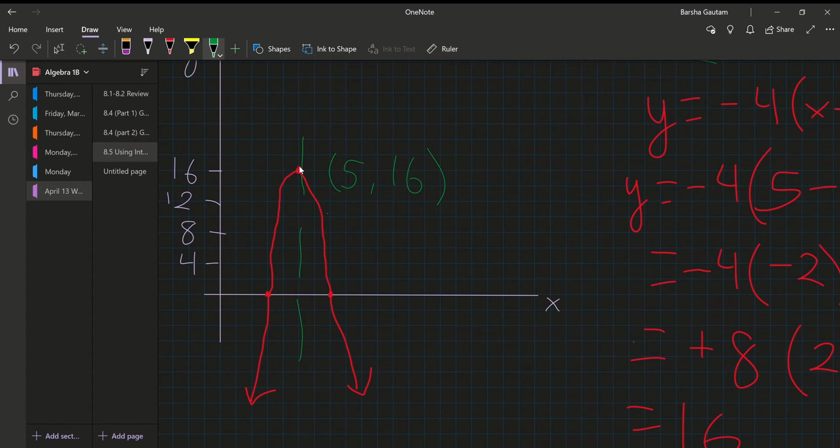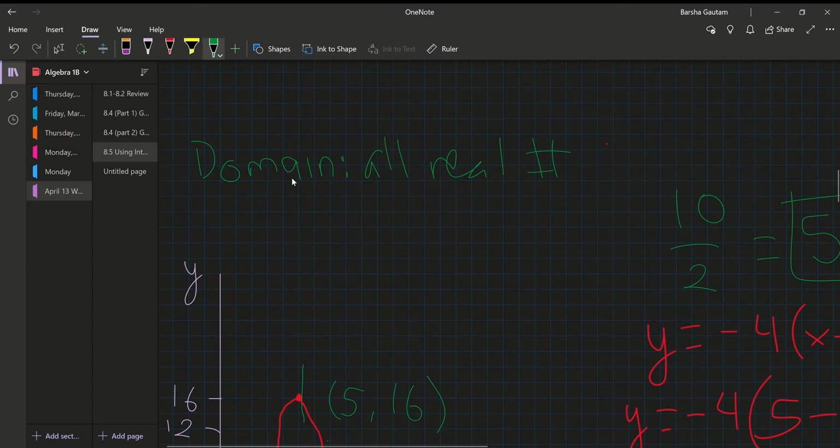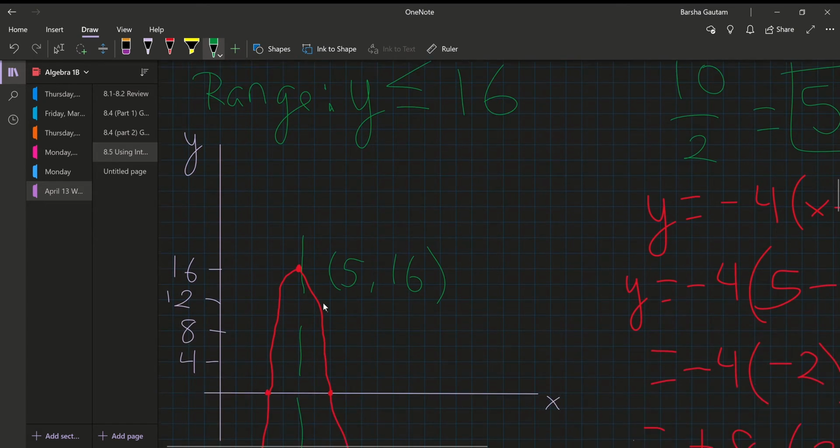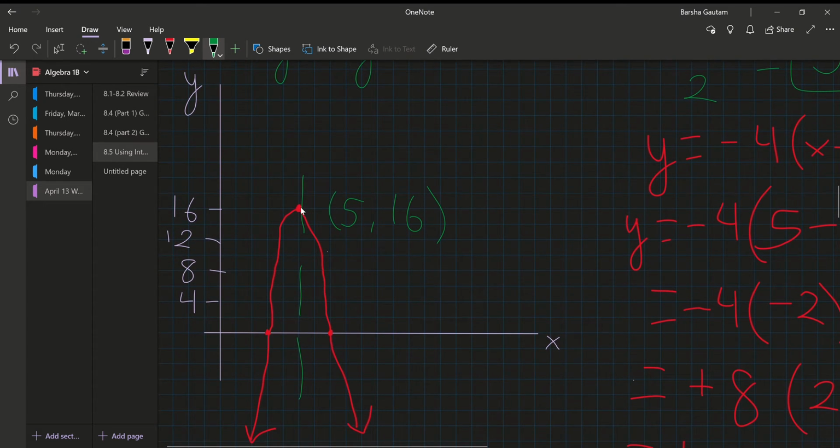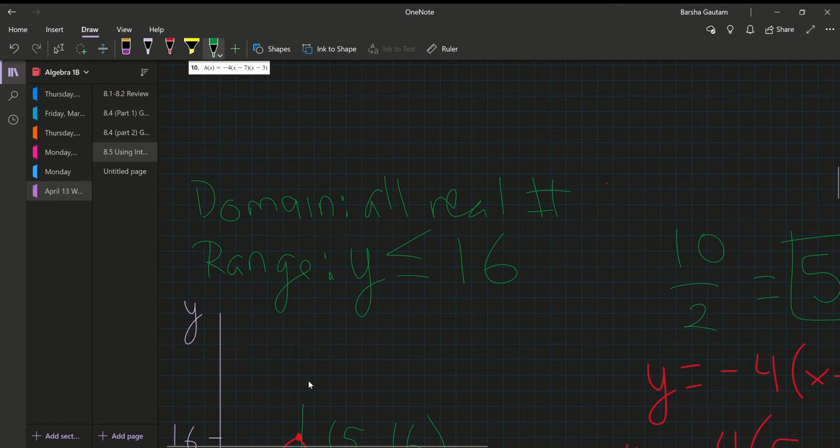So our range would be y is less than or equal to 16. So that means whatever you plug in has to be 16 or smaller. Okay, so that's how you would figure out your vertex, domain, range, and everything.